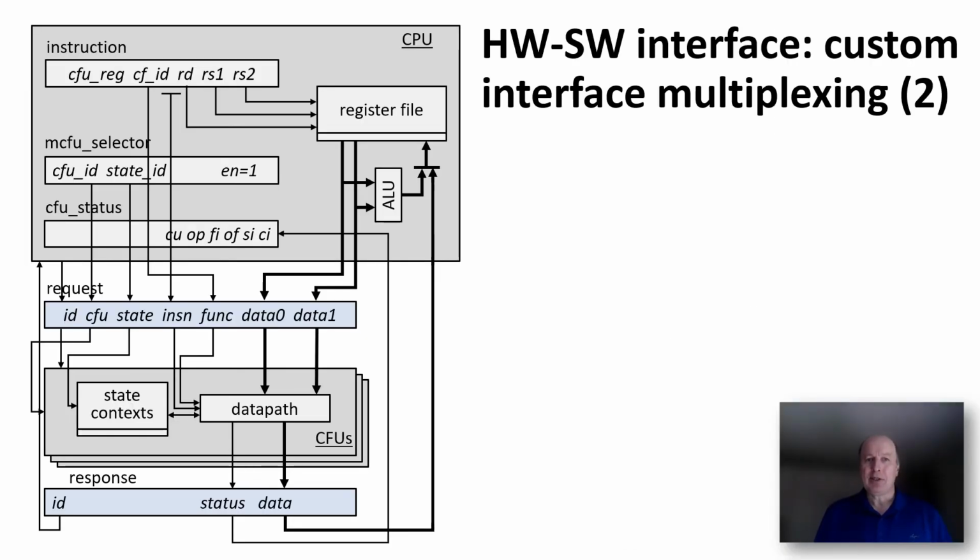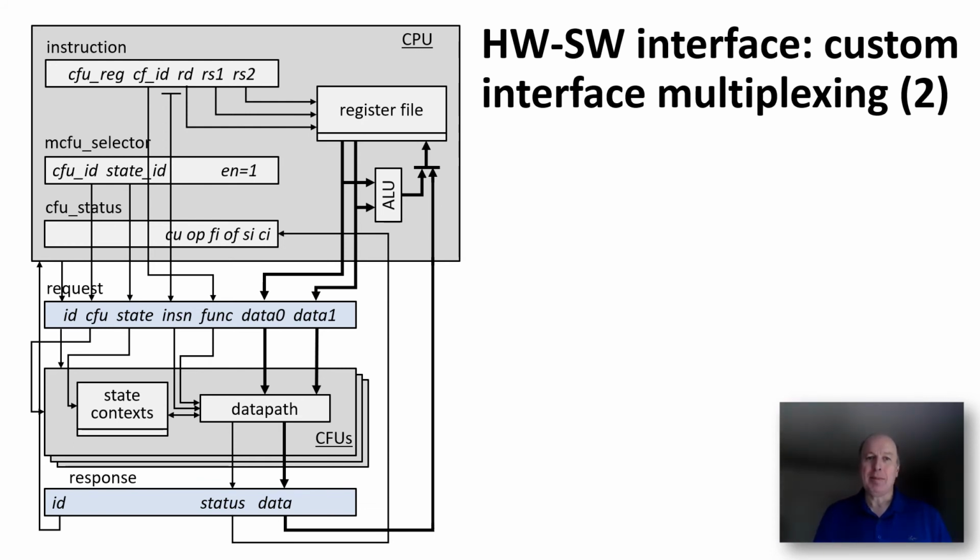This figure illustrates the hardware-software interface of custom interface multiplexing in more detail. When the current instruction is a CFU reg instruction, it specifies the function ID, and the two source operands are read from the register file. In addition, the MCFU selector register provides the current CFU and state index.